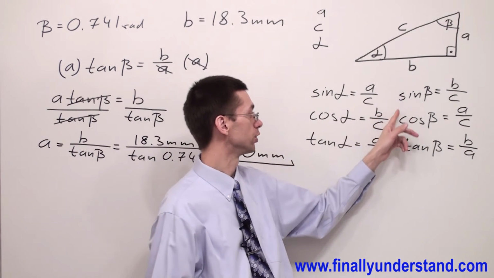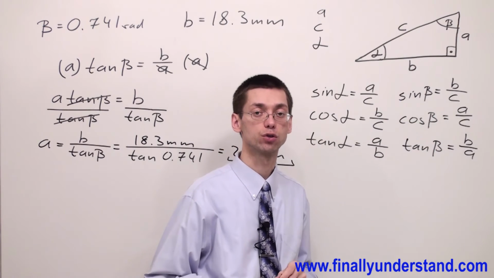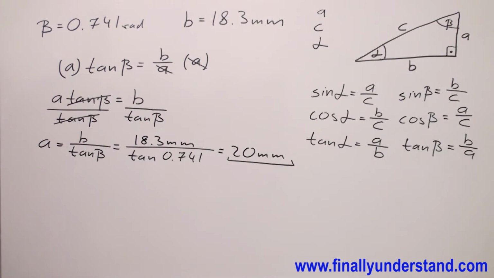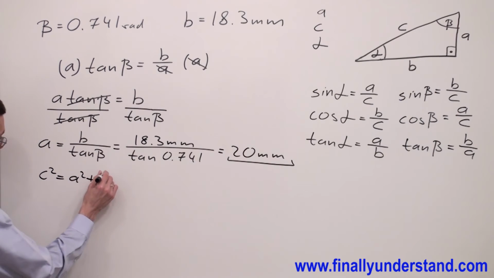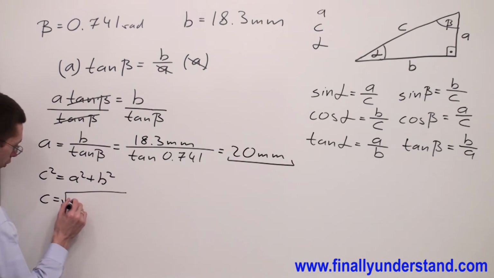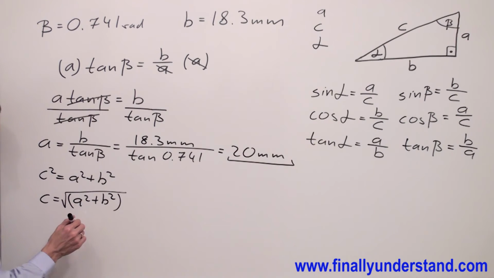So we can use these two formulas to find C, or we can also use the Pythagorean theorem. This time I'm going to use the Pythagorean theorem. So we have C squared is equal to A squared plus B squared. C is equal to the square root of A squared plus B squared.